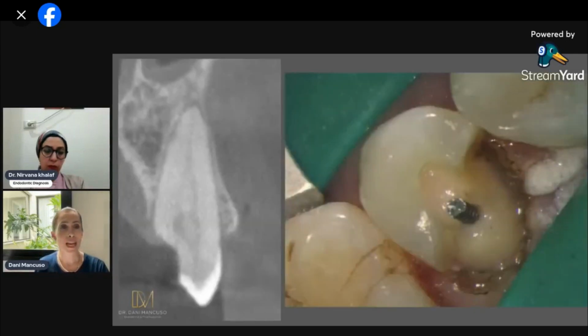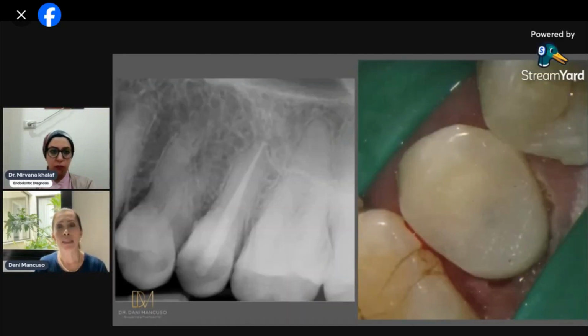When I took this scan, I could see that the fracture line was in a bevel and it was not infraosseous, and I could just do a gingivectomy, expose this tooth with a small crown lengthening, and that's exactly what I did. I put in the titanium parapost, it can be a fiber post as well, there's no problem, and did a composite core build-up for the dentist to do a crown.